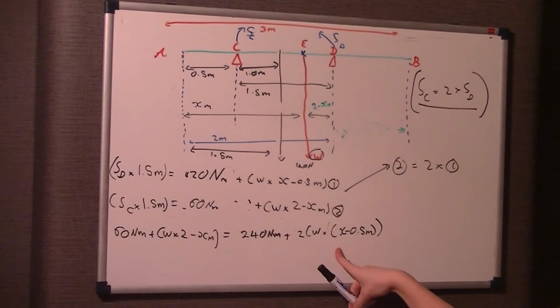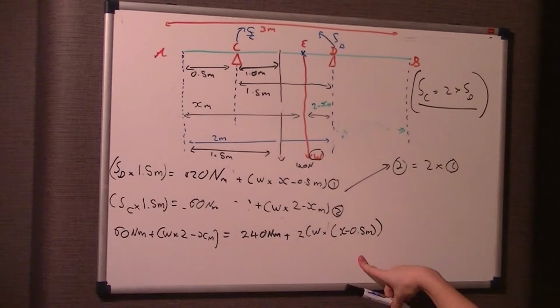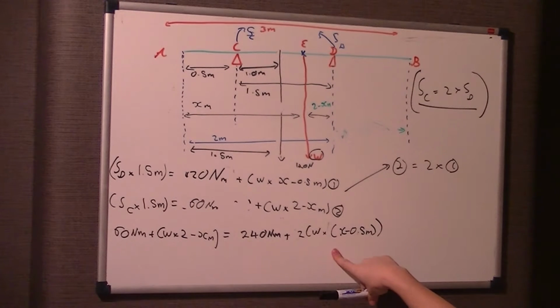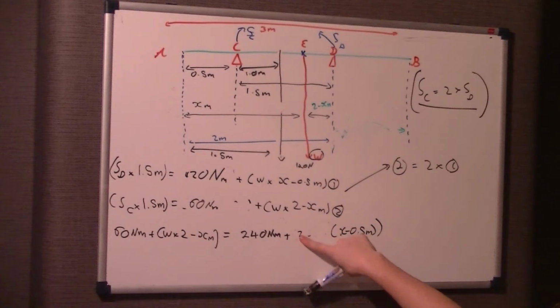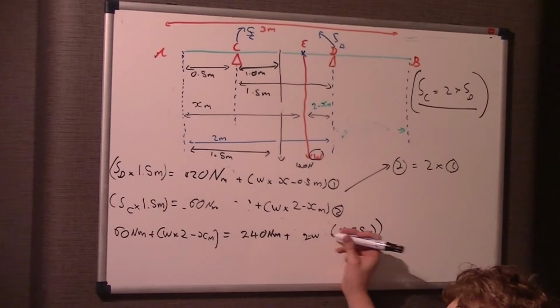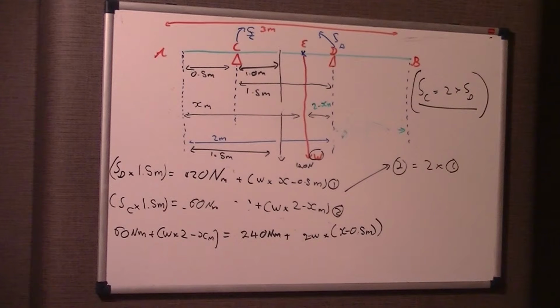So we do 2 times W and then we times that by X. Right, it's like this. 2W times X take 0.5. So it's 2W times X and then 2W times 0.5 meters. Okay? Hopefully that makes some kind of sense.